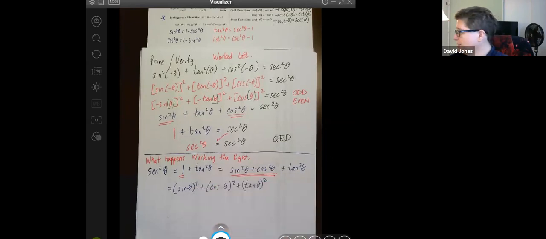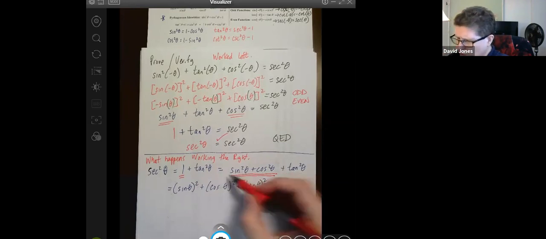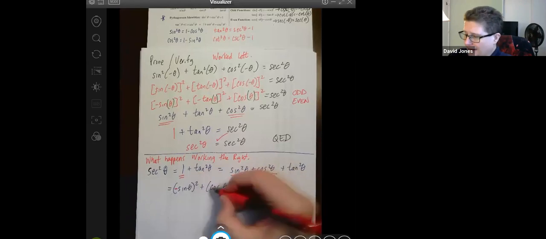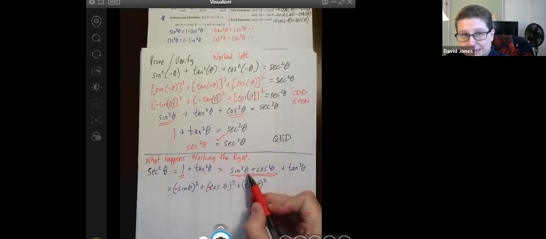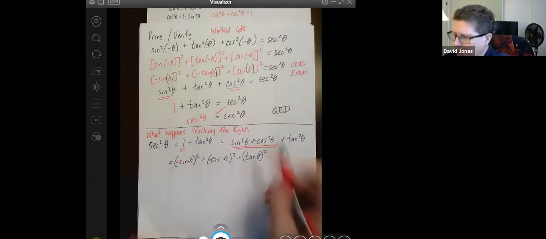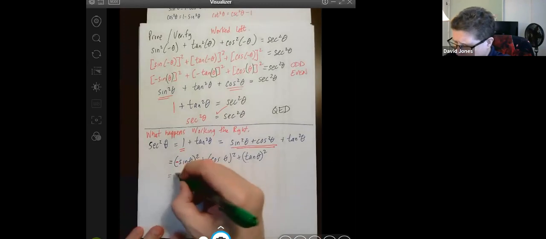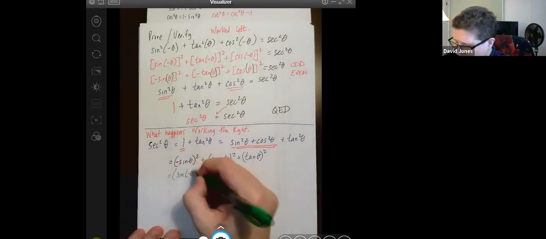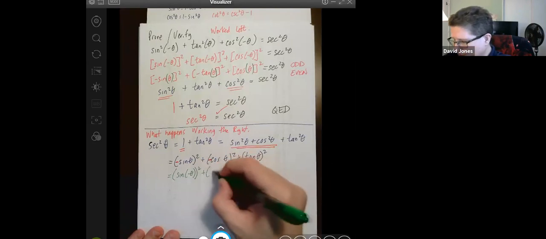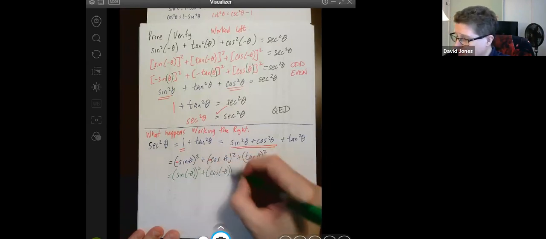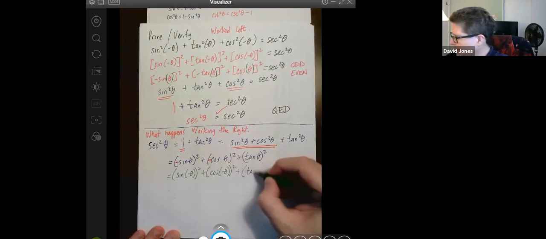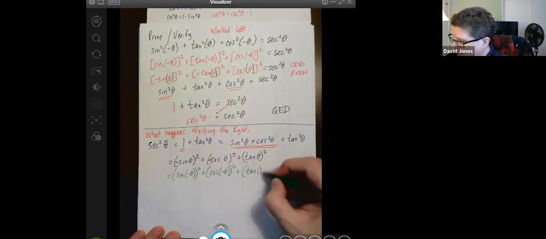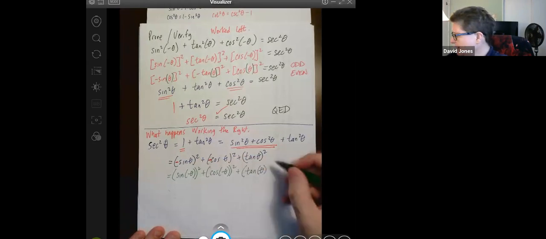Let's see, how do I put this here? I can treat sine squared as, apparently I need to have a negative in there. Negative sine theta times negative sine theta will give me sine squared theta, right? And then I can make the jump that this is sine of negative theta squared plus cosine of negative theta squared plus tangent, since it's an even function, negative theta squared.